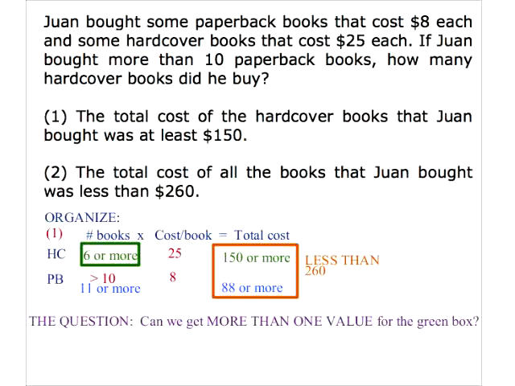If it's 6, then we would have 6 or more hardcover books. So that means it's a total cost of 150 or more. And then the paperbacks definitely have to cost 88 or more. So the minimum is 150 plus 88. That works. That's only 238, which is less than 260.